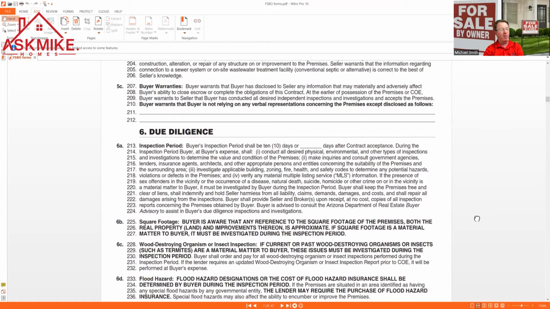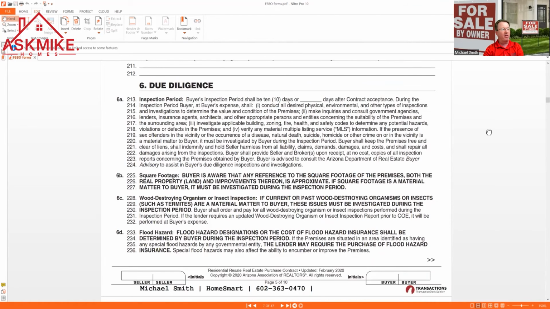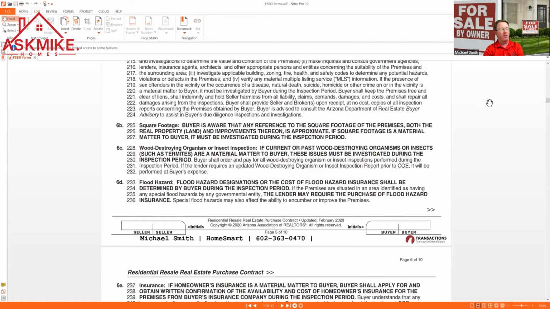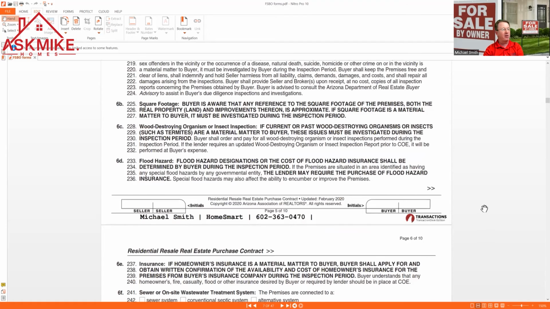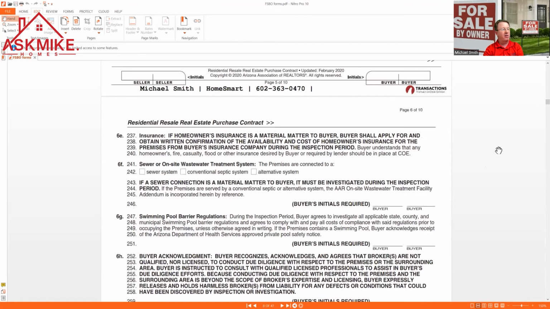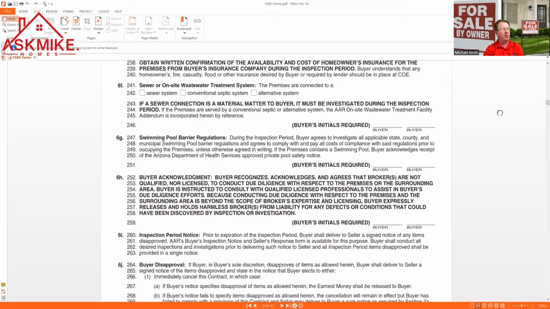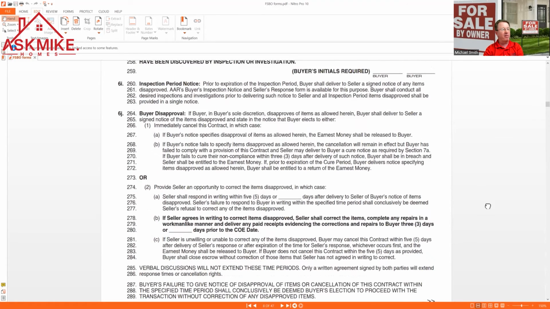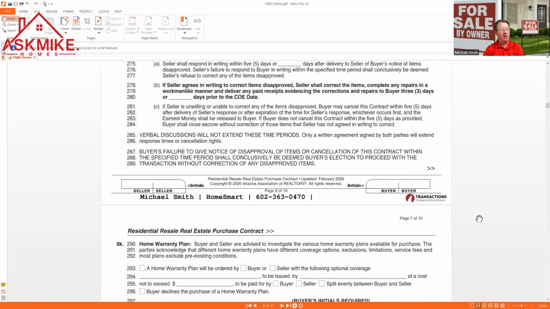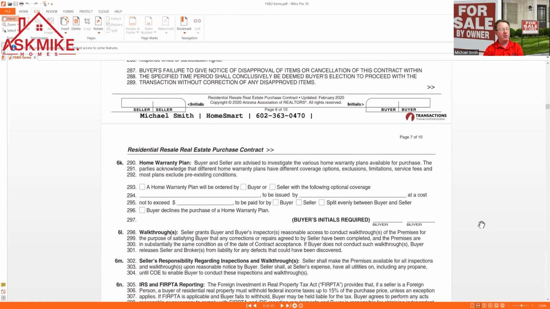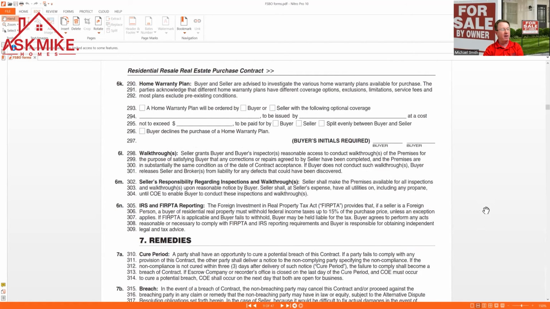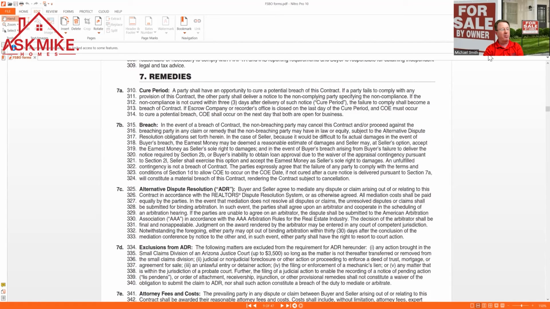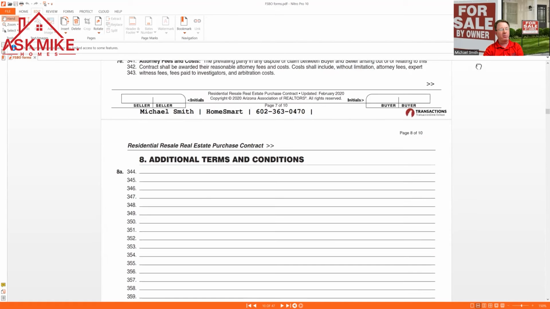Next it's talking about due diligence, square footages, wood destroying organisms, flood hazards, insurance, sewer system, swimming pools, inspection period stuff. Next it talks about home warranties, remedies to the contract, should there be any issues, additional terms and conditions.